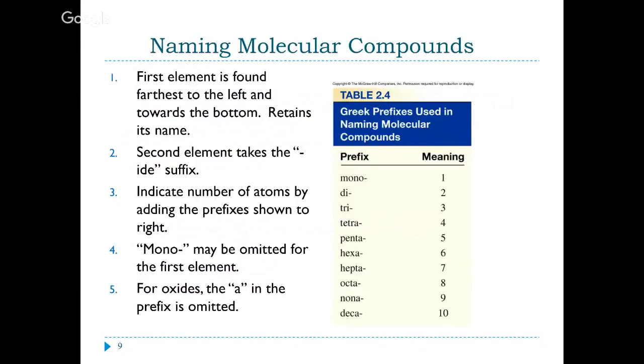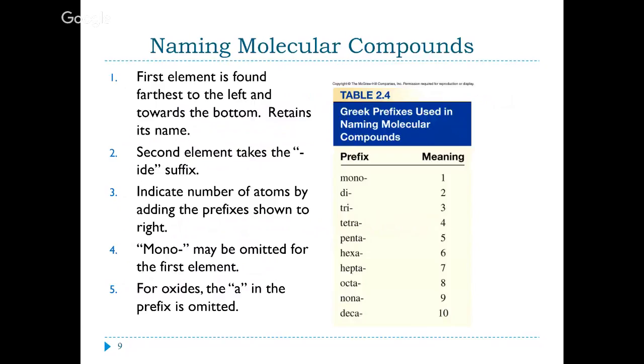Last thing to talk about in naming is molecular compounds. Once again, these are going to be groups of nonmetals that share their electrons, because it doesn't make sense for one of them to try and give up 5 or take on 7. It's just easier to share when you have a lot of electrons. Your first element will always be found farthest to the left and towards the bottom.